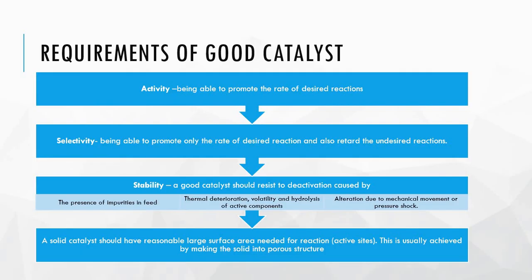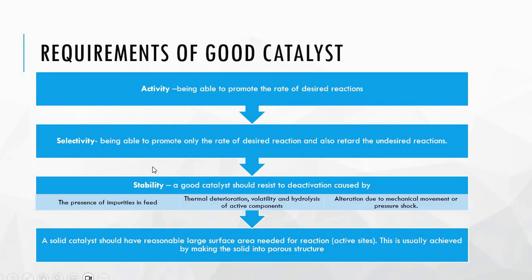So over time, the more sulfur on the active sites of the catalyst, the lower the activity and the lower the stability of the catalyst, which makes the catalyst less effective and deactivated. Later on, the catalyst lifetime will be very short.